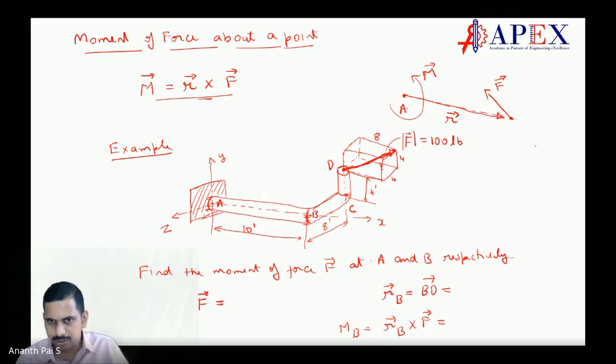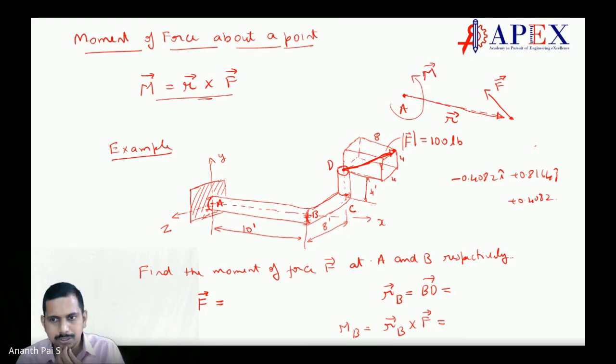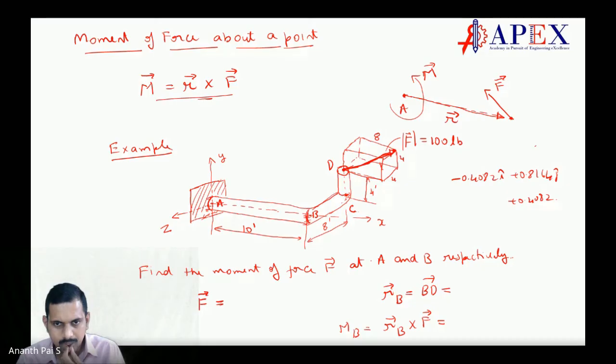What is the unit vector? -0.4082 I plus 0.8164 J plus 0.4082 K. So you have taken the same coordinates, right? No, sir. I took there, sir, in the box itself, the behind one. What is the direction?